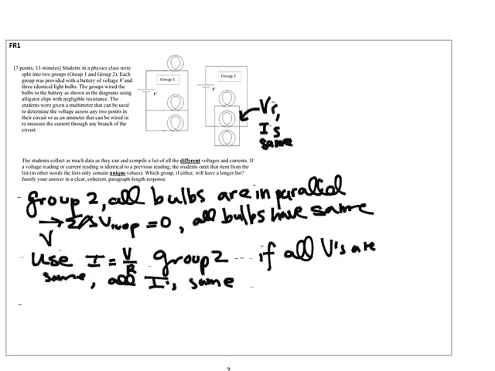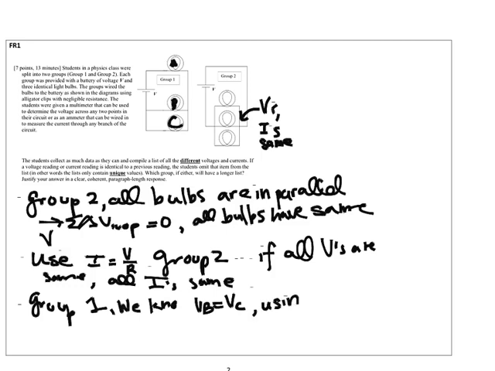Okay, for group 1, if we label our bulbs A, B, and C, we know VB is equal to VC using the loop rule.